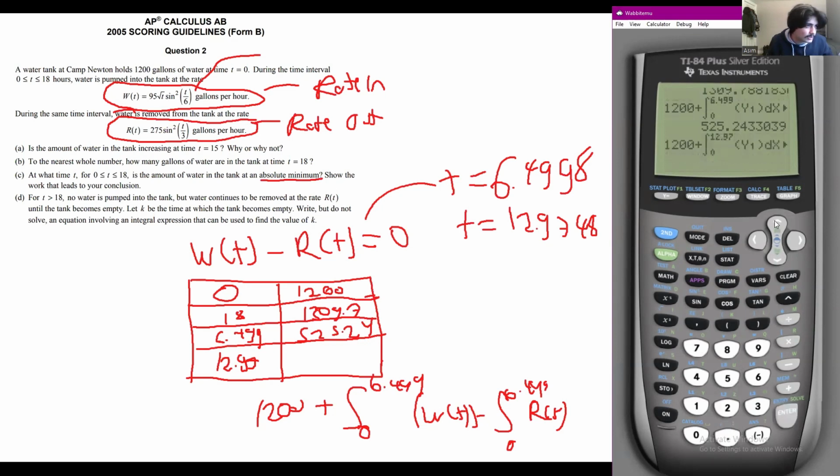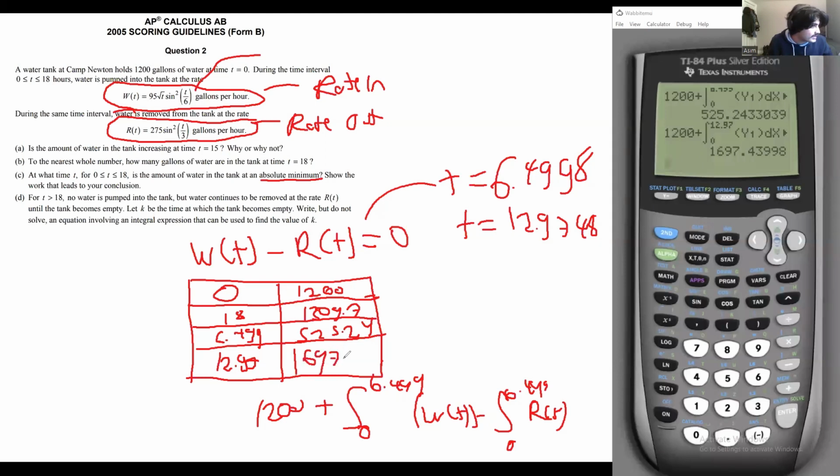And this should give me a proper answer, hopefully. Yeah, I got 697.43. So our absolute max will be at 12.97, and our absolute min will occur at t equals 6.499.